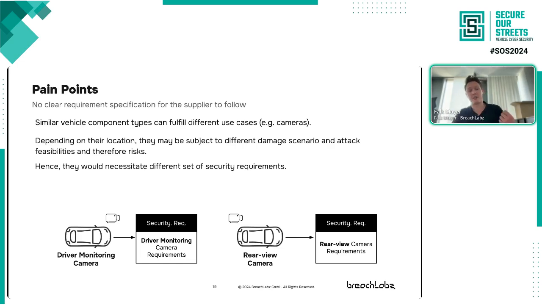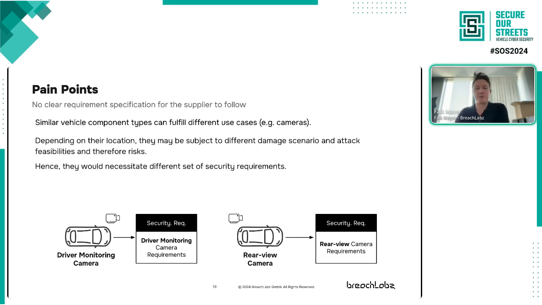Yet again, on the driver monitoring camera, this is exactly what we have to deal with. Since the camera is pointed inwards at the driver and at everything that happens in the vehicle, we need to take confidentiality into consideration as well.